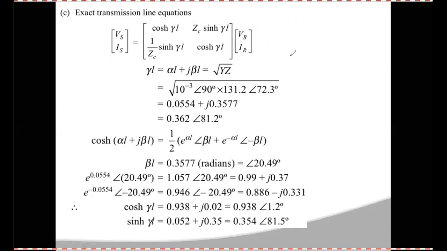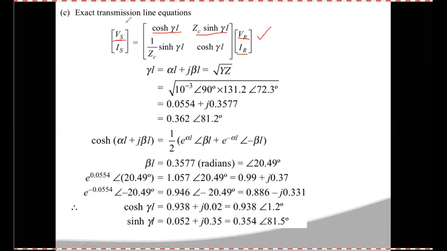If you observe this equation, VS can be written as cosh gamma L into VR plus ZC sinh gamma L into IR. IS can be written as 1 by ZC sinh gamma L into VR plus cosh gamma L into IR.